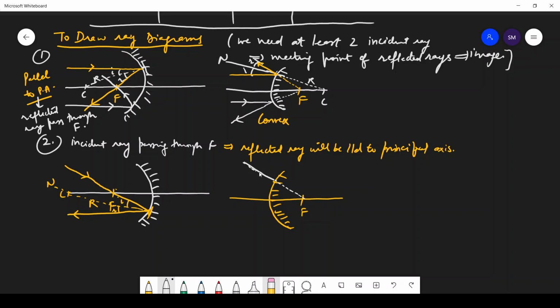So it appears to pass through the focus. Then the reflected ray will be parallel to the principal axis. So if it appears to pass through the focus, it will be parallel to the principal axis. These rules are quite simple to understand. Now, the incident ray passing through C, passing through the center of curvature.